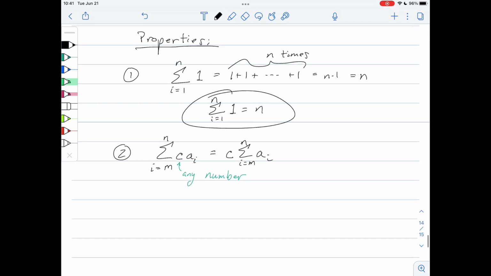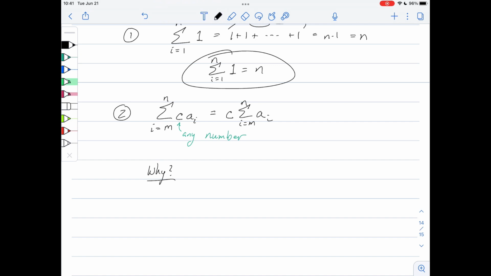Okay, and why is that? Well, if we were to take c a sub I and write it all out, we get c a sub m plus c a sub m plus 1 plus c a sub m plus 2 plus c a sub m plus 3 and so on, all the way to c a sub n. Notice that the sum, when we write it out, has a common factor of this constant in it.